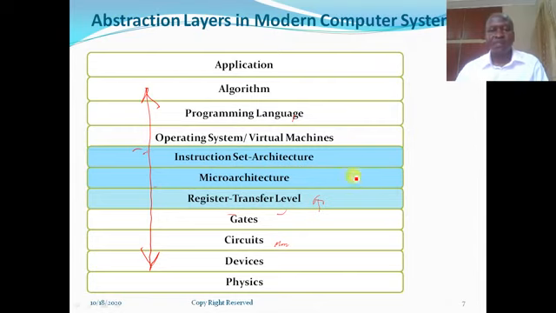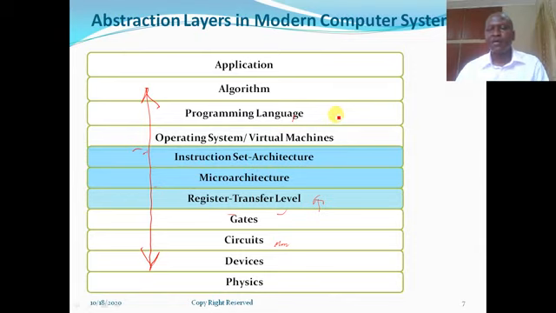And on top of the instruction set architecture is where your operating system or your virtual machines lie and operate. While above, we have the programming language.